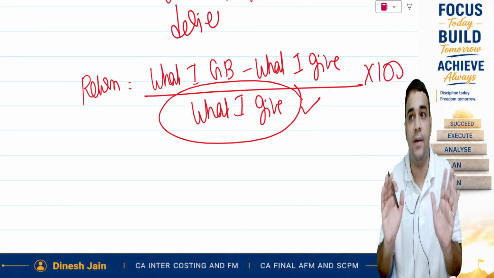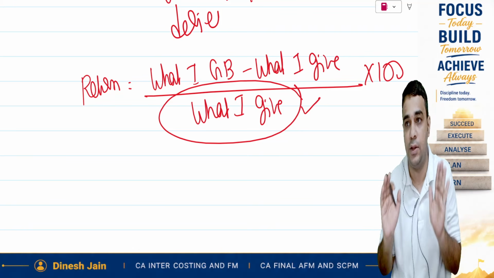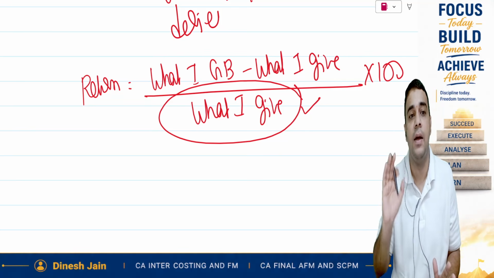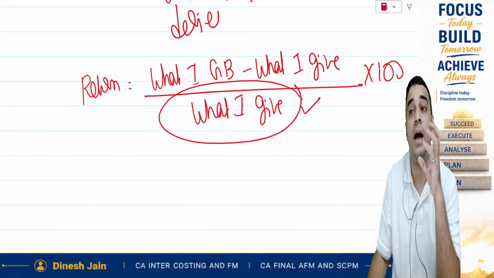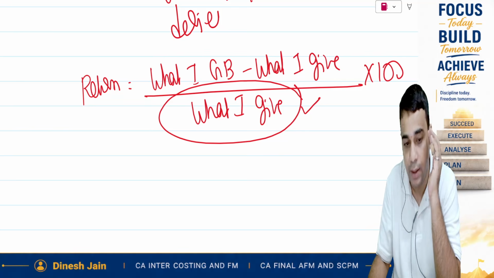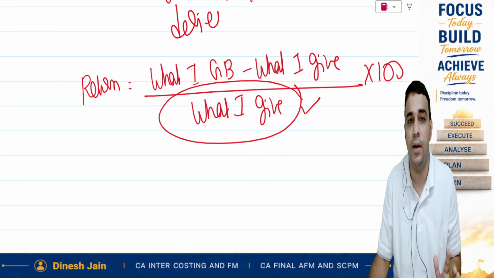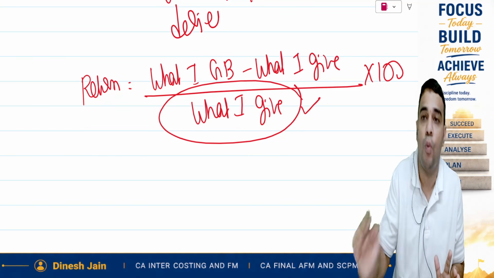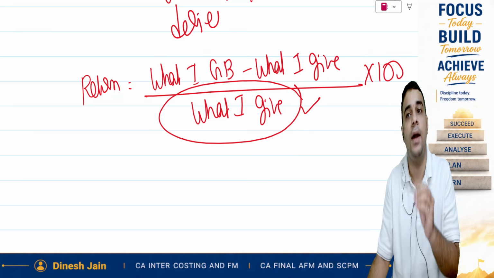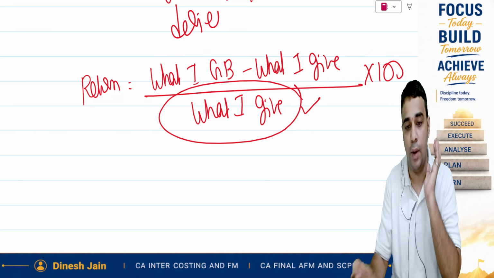No bank will say I will give you 20,000, 30,000, 40,000, 50,000. Return is generally understood as a percentage, not as an absolute number. So return is what I get back minus what I give, divided by what I give, into 100.